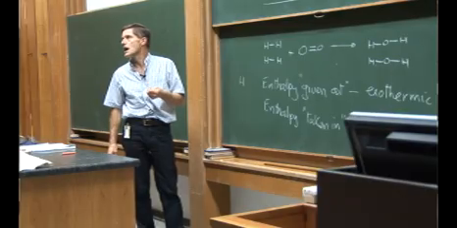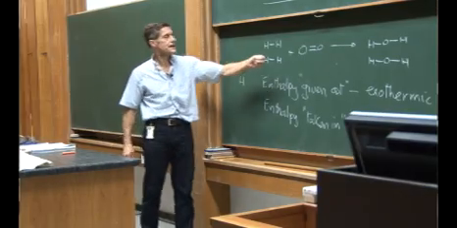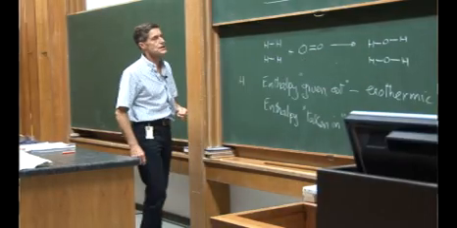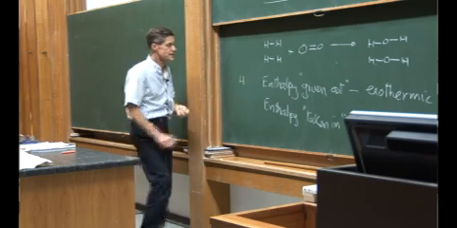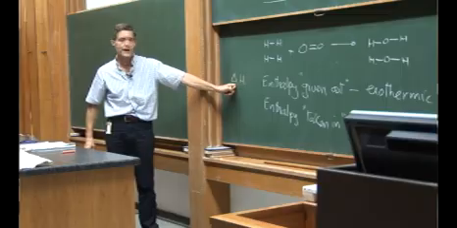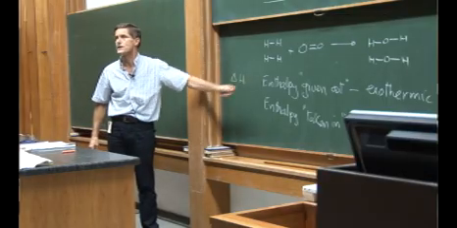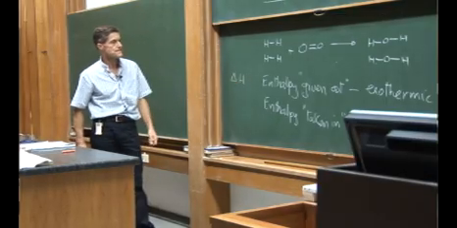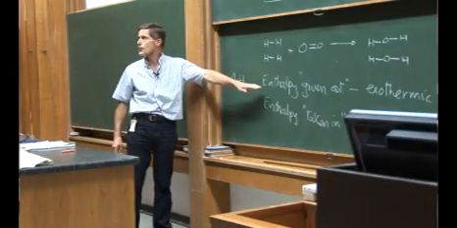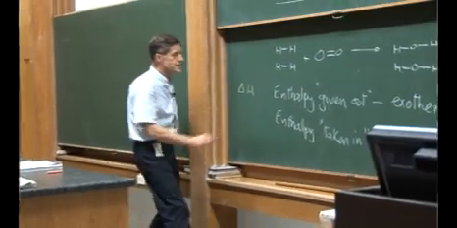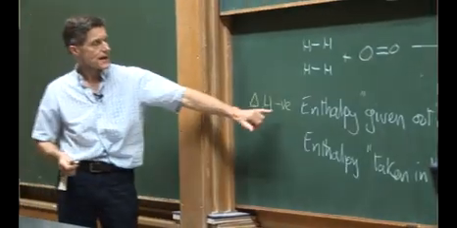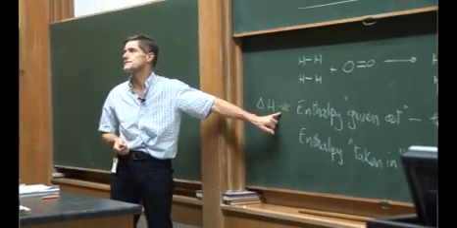If I'm using hydrogen as a fuel, I'm interested in how much energy is given out as the hydrogen burns to give water, in this case. So it's change in enthalpy, which we indicate by a capital delta, delta H, which is what is important here. And we find that if the reaction is exothermic, our convention is that we assign a magnitude to it and give it a negative sign.